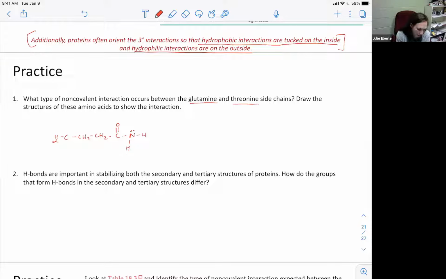And we have threonine as well. I'll draw the rest of glutamine too. Here's the carboxyl group and the amine group. Okay, so this is glutamine, GLN. Threonine, I'm going to orient it the other way. I'm not going to draw it with the alpha carbon on the left and the side chain pointing to the right. I'm going to draw it with the side chain pointing to the left so that we can see how the side chains interact. I'm just trying to orient the side chains close to each other. So I'm going to draw the alpha carbon right here. That's the alpha carbon, the hydrogen. I'm kind of drawing the mirror image.